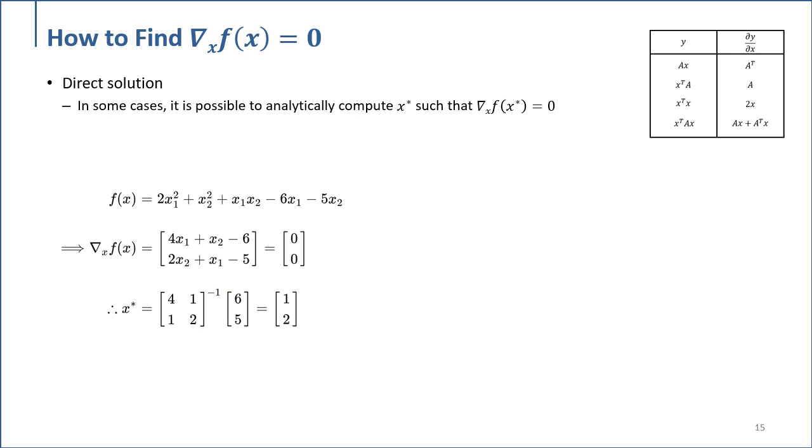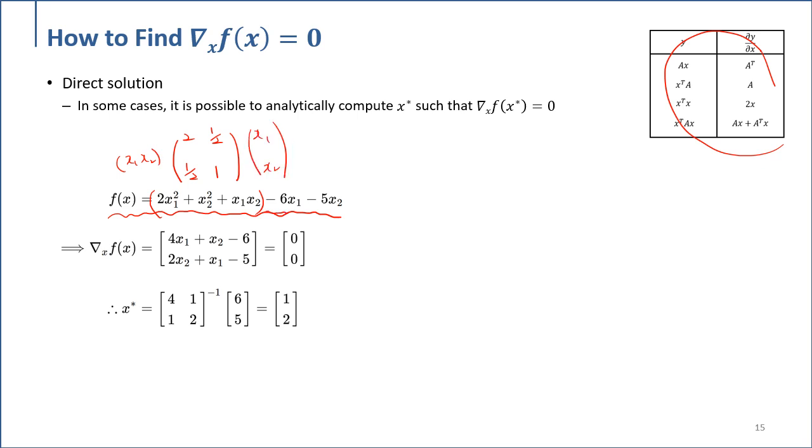Yeah, and based on this table, let's revisit the same problem that we solved in previous slides. Here, the equation can be rewritten like this. The first three terms have a quadratic form, so they can be rewritten as this quadratic form.